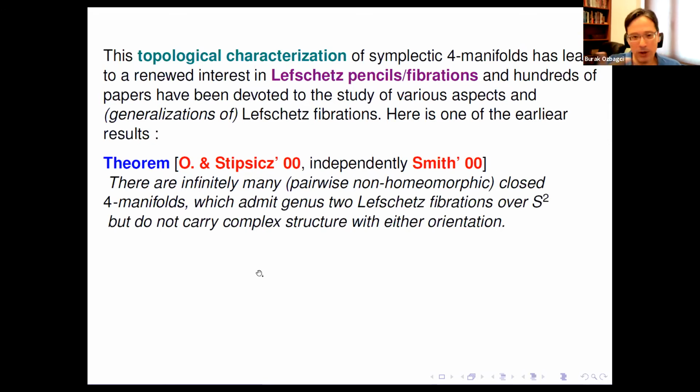So the point of this theorem is that it was clear that these are more general than just the complex surfaces, just the Kähler surfaces. And this example gave explicit such four manifolds not admitting complex structures, but having genus 2 Lefschetz fibrations. Genus 2 is the minimum we can go here because we understand well genus 0 and genus 1 fibrations.